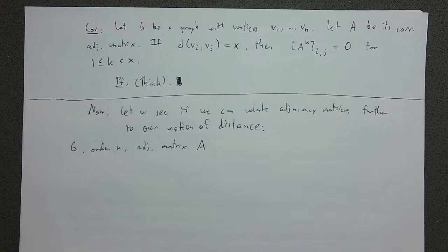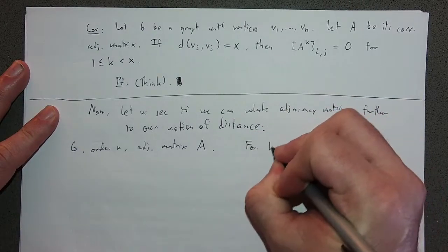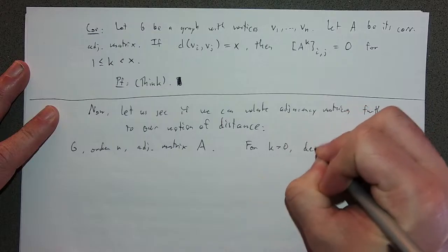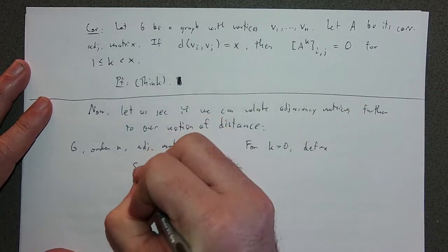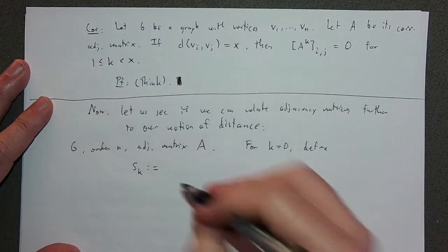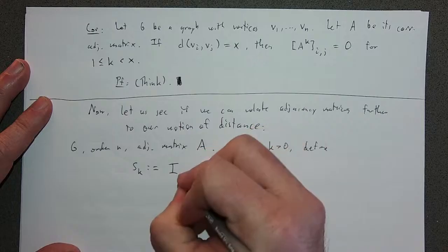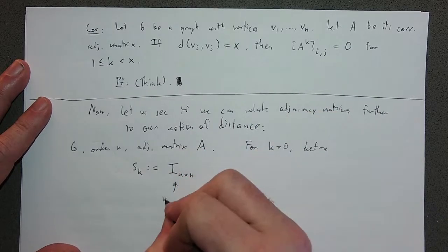Okay. So for positive integer k, define S sub k. We'll call this a matrix sum. Define this to be the n by n identity matrix I. All right, so this is the n by n identity.